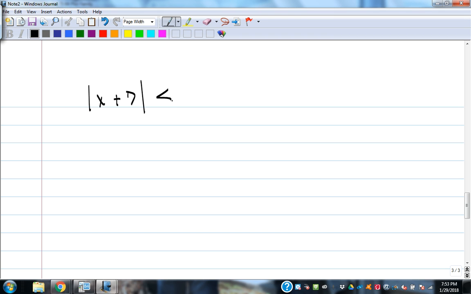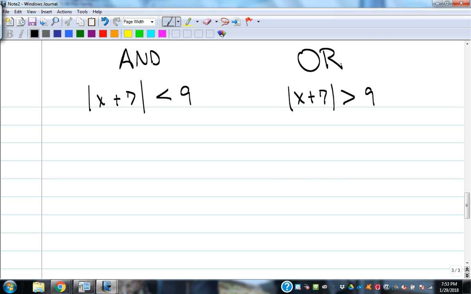If it's a less than any number over here, we'll just do 9. If it's a less than, it's going to be an and problem. If it's a less than or equal to, it's an and problem. If it's a greater than, that's an or problem, okay?